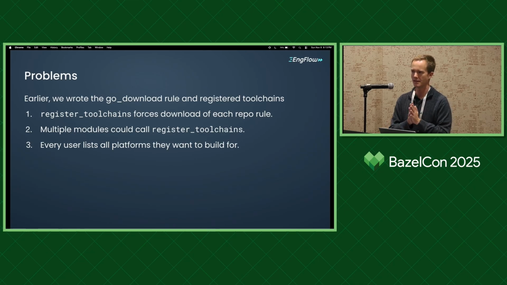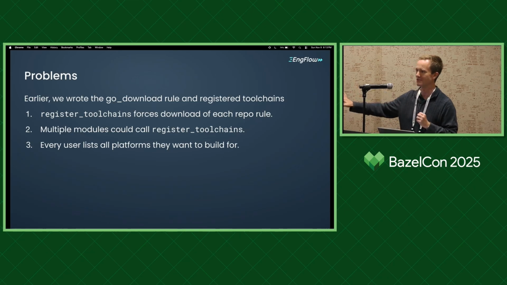But the problem is, if that's in a repository rule, it actually needs to evaluate the repository rule. And if that repository rule also downloads 100 megabytes of code, that's slow. And if you have 30 of them to support all the different platforms you might want, then it's downloading 3 gigabytes of code.